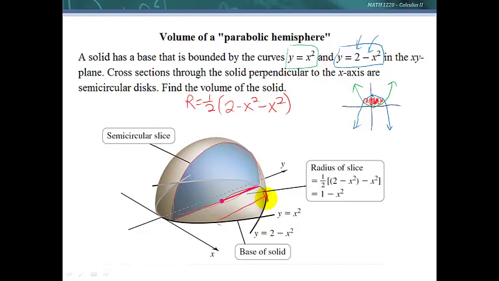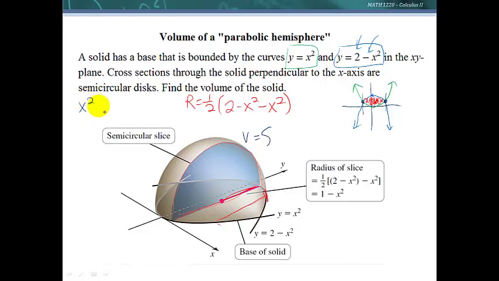So now that we have the radius of a slice, we are ready to go ahead and find the volume of this solid. Now, to set up the integral for this volume, I need to know the limits. Well, let's go back to the picture here, and we can see what our a and b are. Let's compute it: it's where those curves intersect each other.